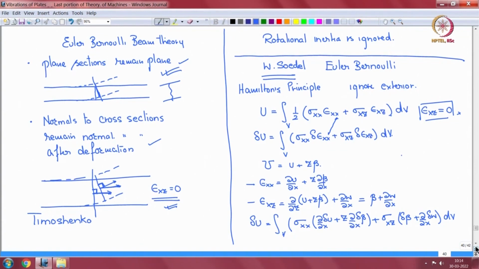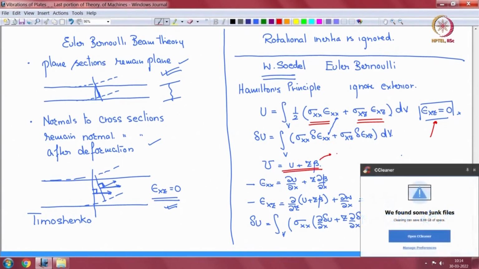He keeps the stress and strain terms that are relevant and does not impose the shear strain zero condition in the beginning. So he continues with this displacement profile without specifying what beta is.